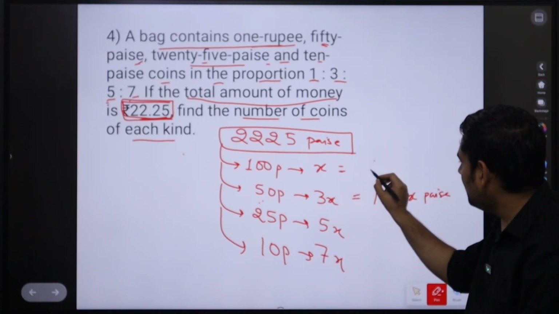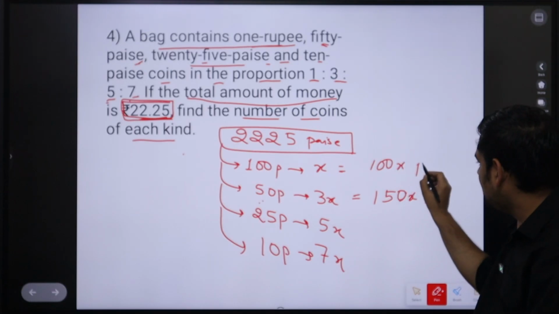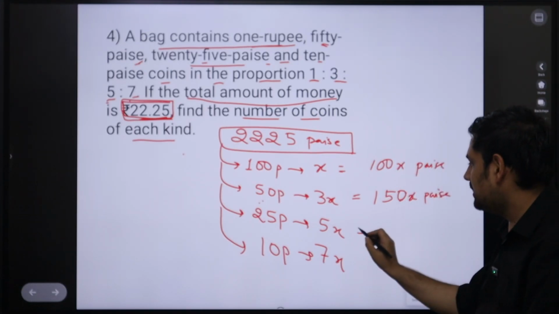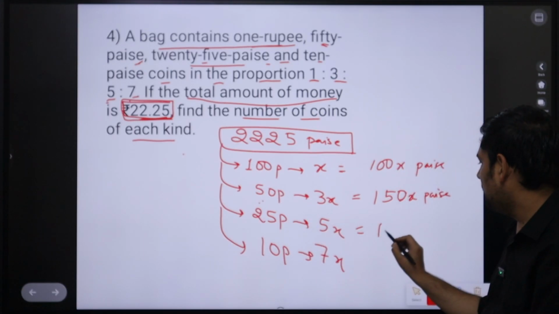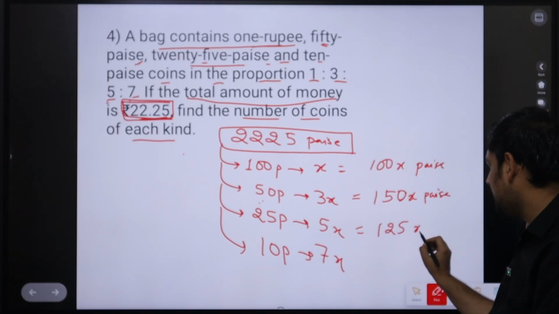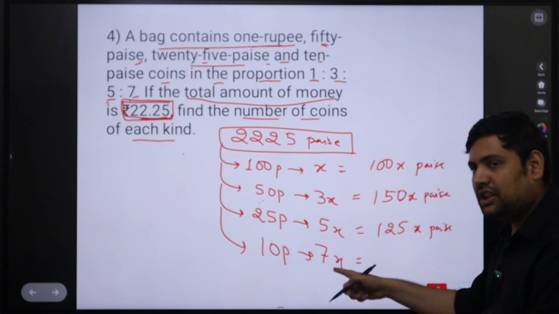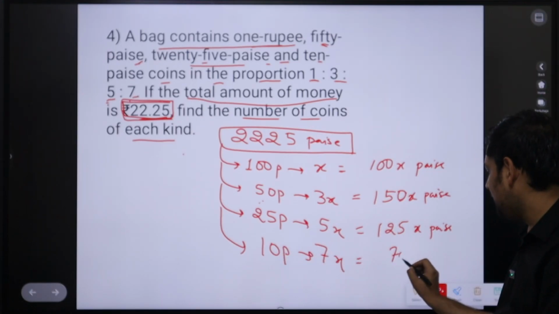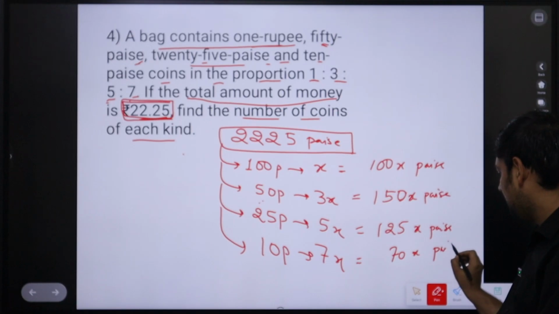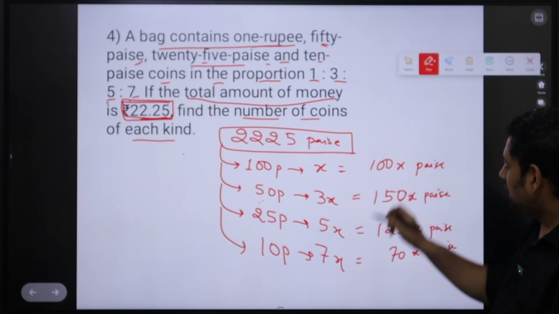Similarly here he'll get 100x paise. Next is 25 into 5, so 125x paise. And last is 10 into 7, so 70x paise. You got all of them, correct?